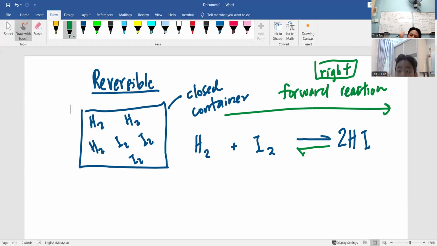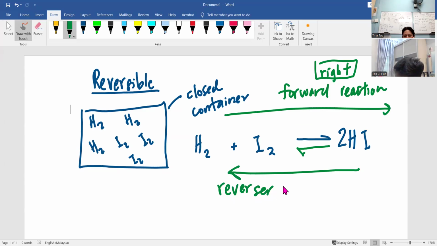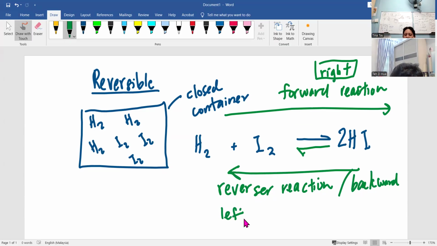When hydrogen iodide breaks apart into hydrogen and iodine, this direction is called the reverse reaction or backward reaction, or shifting to the left.